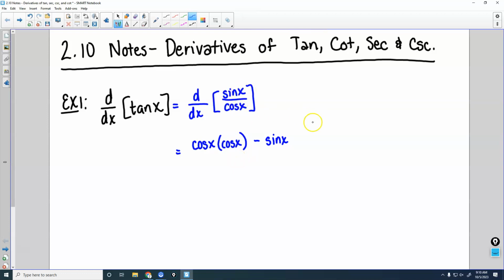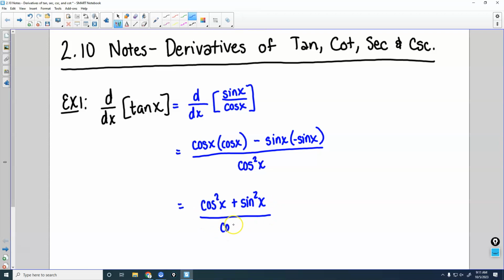So high, derivative of the low, that one's going to be negative sine, all over the denominator squared, so cosine squared x. Now, if I simplify here, that is cosine squared x plus sine squared x over cosine squared x.